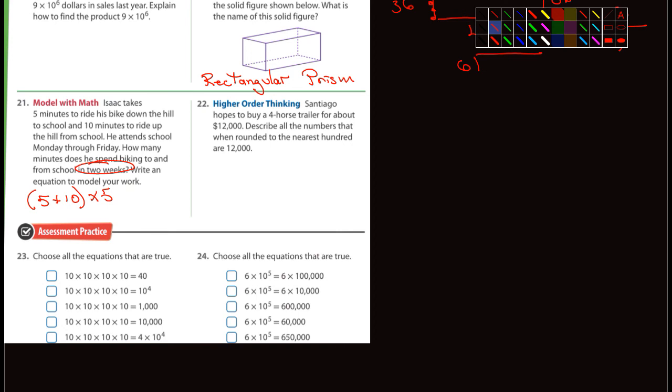And then we could do it again, because it's 2 weeks. 5 plus 10 times 5 equals. All right? Kind of bled over into number 22 there, but there you go. So solve that one. Figure that one out.